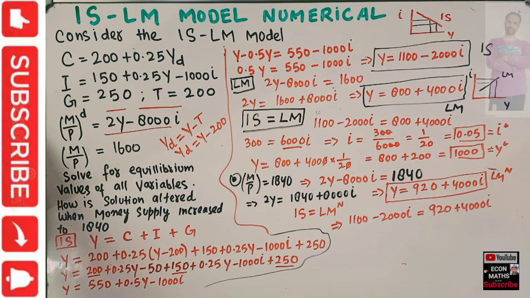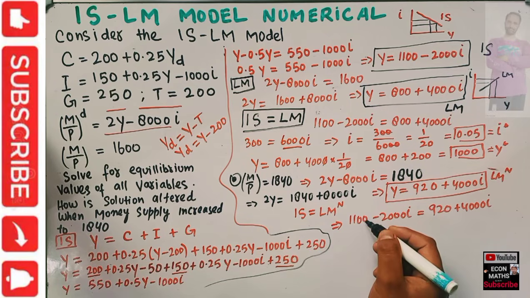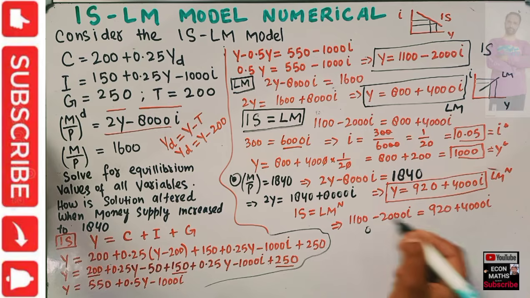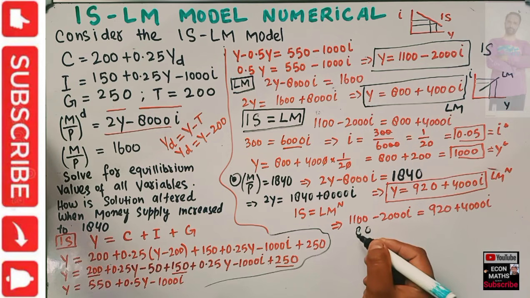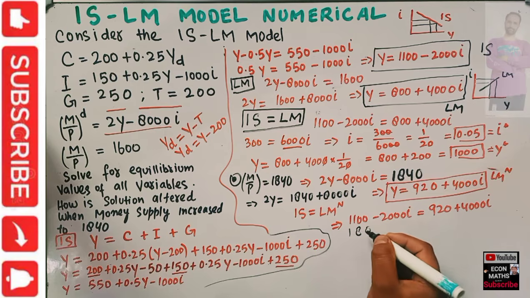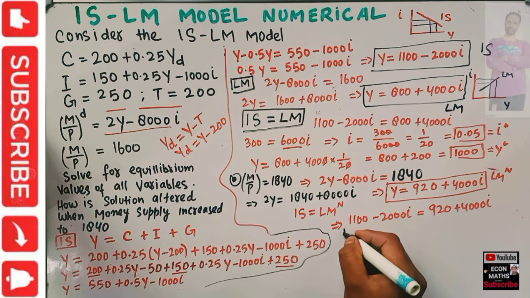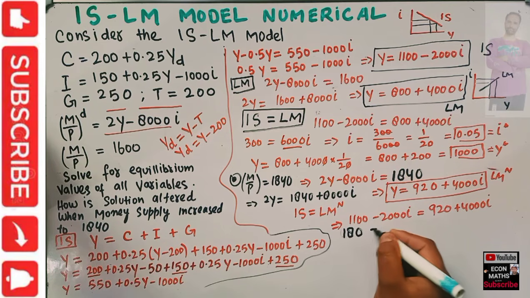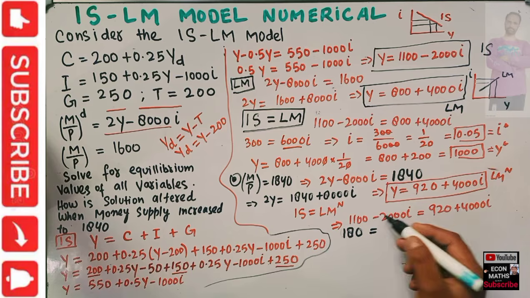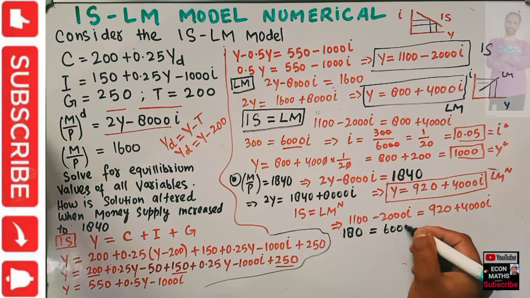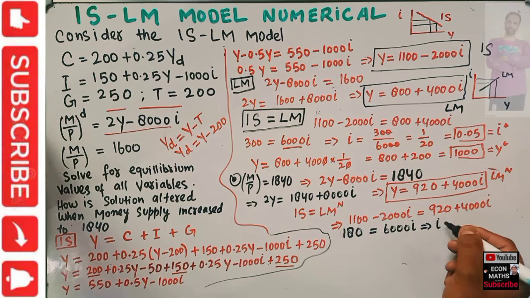So transposing this here, it will come out to be 180 is equal to, transposing this here, 6000 I, which implies I is equal to 180 upon 6000.